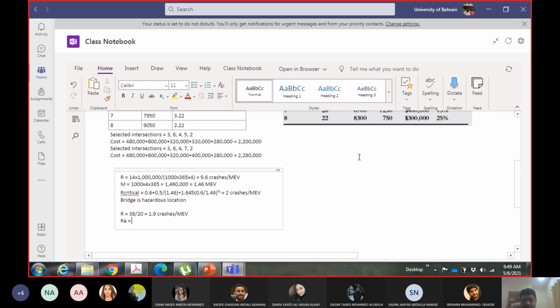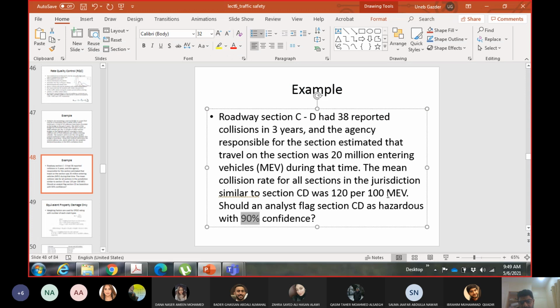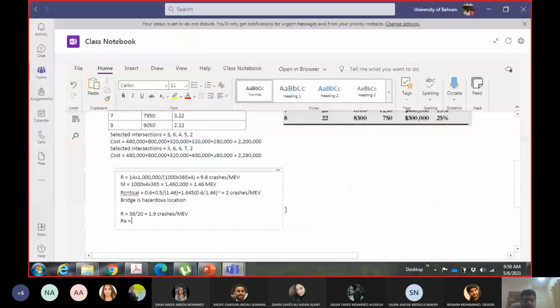Now RA is given, but it is given in 100 million entering vehicles. I have to convert it to million entering vehicles, because my units are million entering vehicles, not 100 million. So whatever the number is, I will divide by 100. So 120 divided by 100 gives me 1.2 crashes per million entering vehicles. I divide by 100 so that the units are the same.